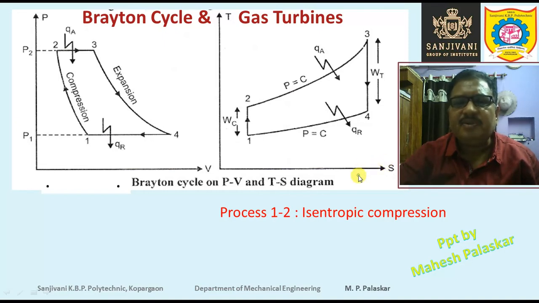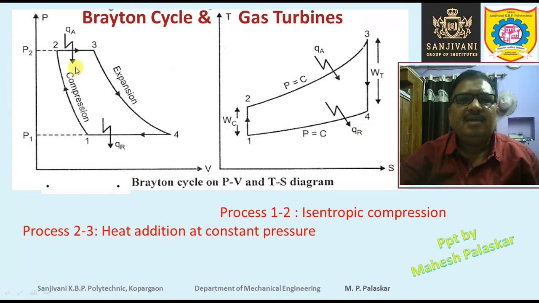Now the second process 2-3, it is the process of heat addition at constant pressure. So during this process heat is added at constant pressure. If you look at this line 2-3, you can see that this process 2-3 is a constant pressure process because pressure P is plotted on the y-axis.